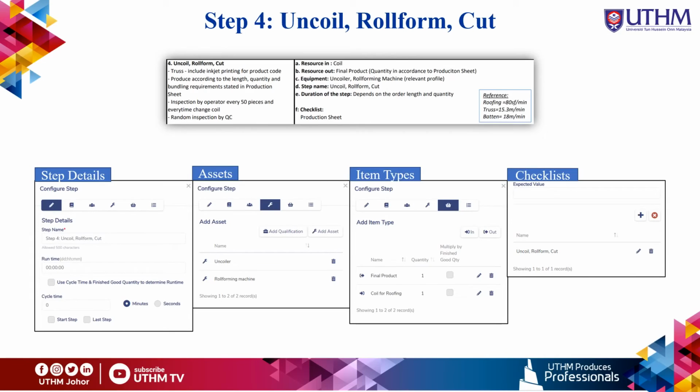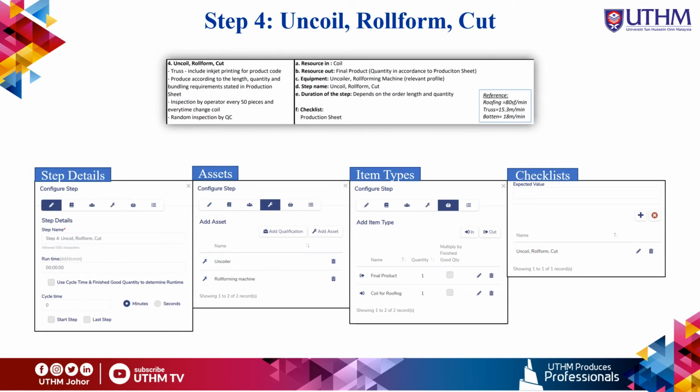For the production step, we uncoil, roll form, and cut. A special mention for truss: include inkjet printing for product code, and produce according to the length, quantity, and bundling requirements stated in the production sheet.